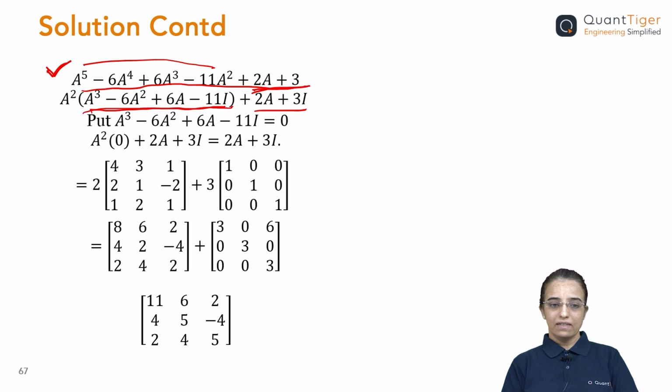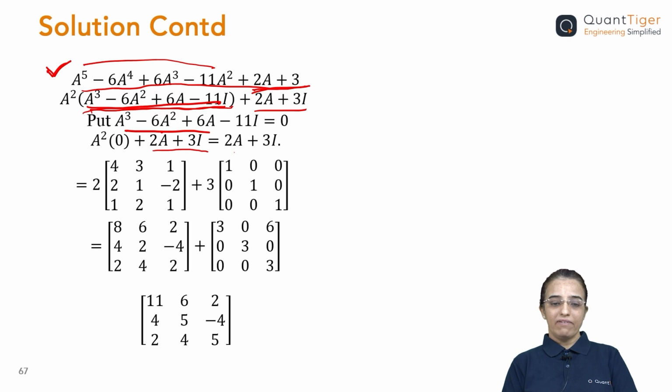So that's the reason we have tried to get the given expression into that format so that we can plug in that value. So now यहाँ पे मैंने clearly we have written we can put this value as 0 in this equation. So अब इसमें हम रख देंगे so A square into यहाँ पे हम value डालेंगे 0 for that bracket. So what I will get here is just 2A plus 3I.